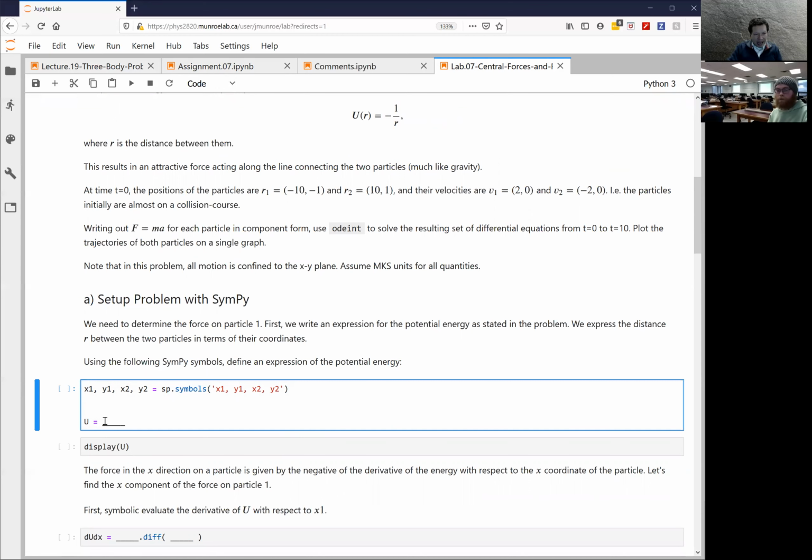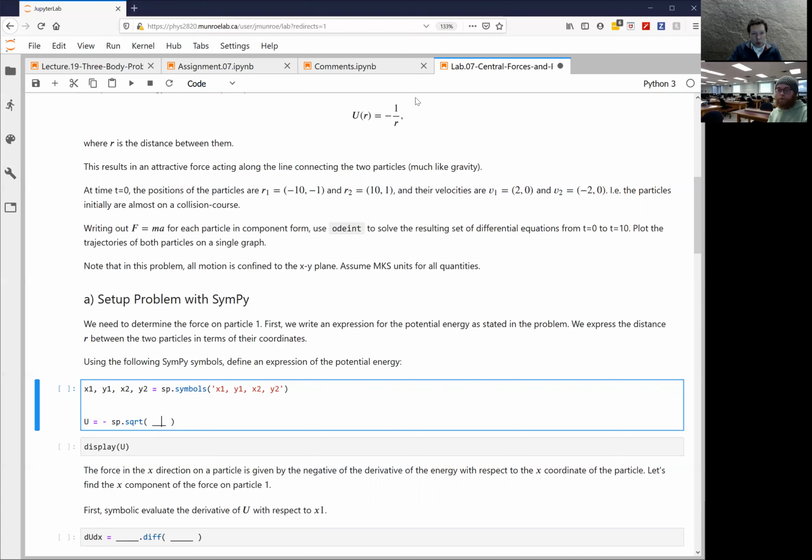So what I'm getting at is, what is a SymPy expression? You would implement this in terms of x1, y1, x2, and y2. So it's a SymPy expression, which means it's going to have an sp.sqrt, a SymPy square root of something, and you're going to want to put the minus sign out in front, and you've got to figure out what goes in the middle.